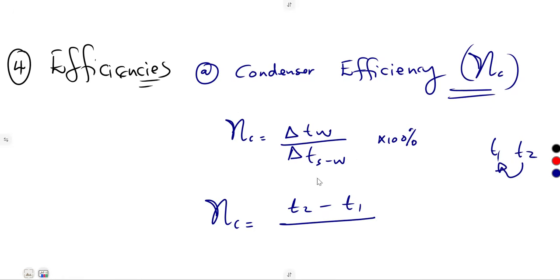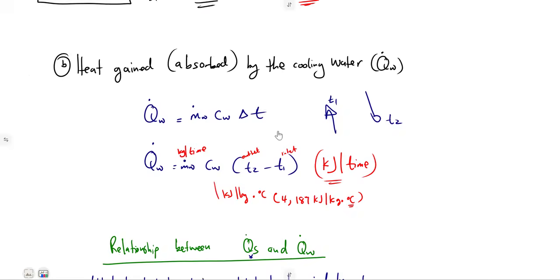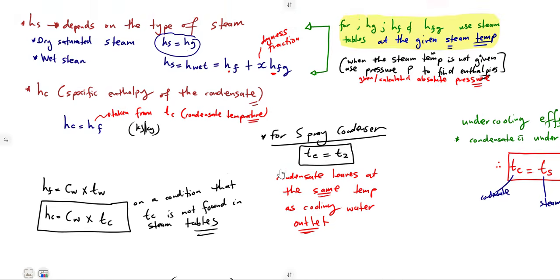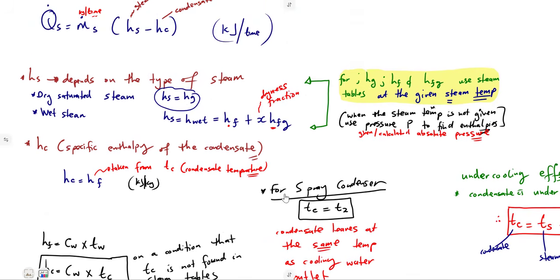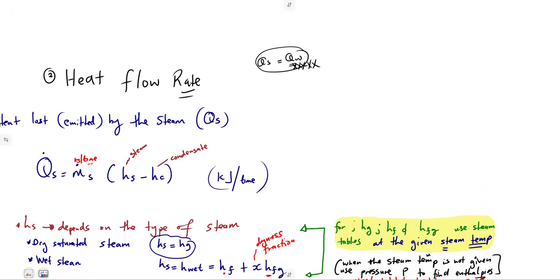Then for the steam, water to steam or steam to water, whatever you have there, it is actually the steam temperature minus that of the water input. Remember I talked about this TS before, when you're calculating that HS, when the steam temperature is given.